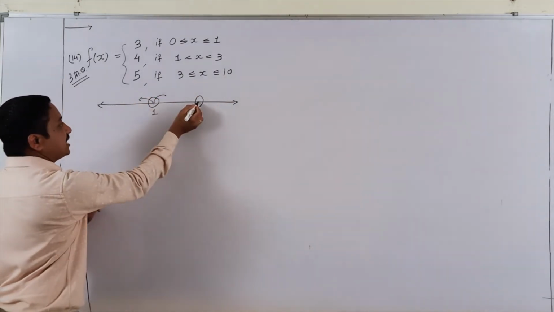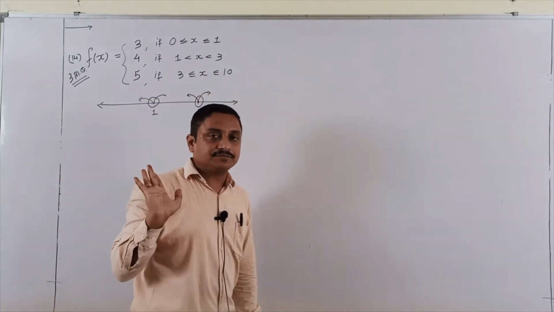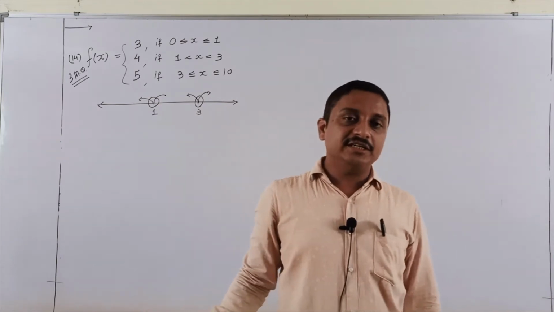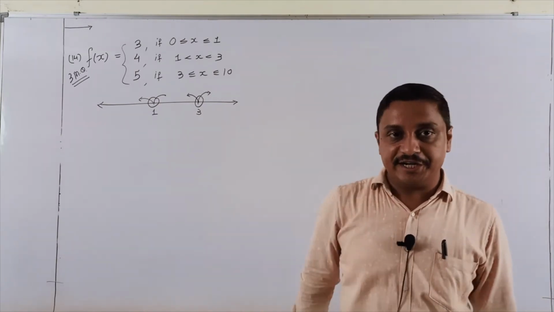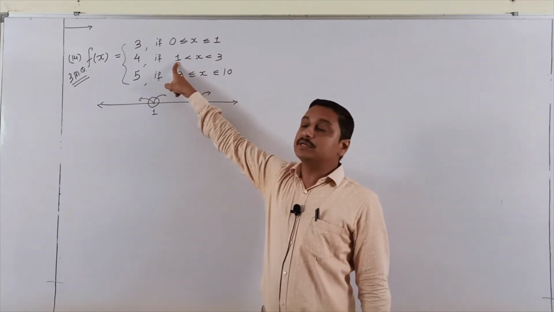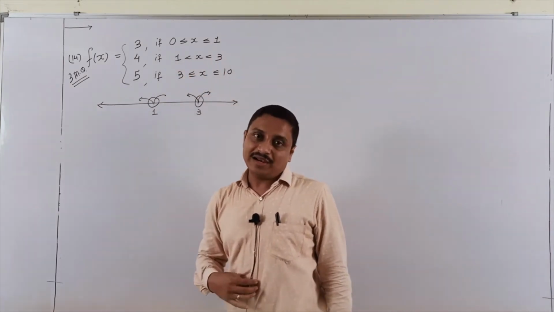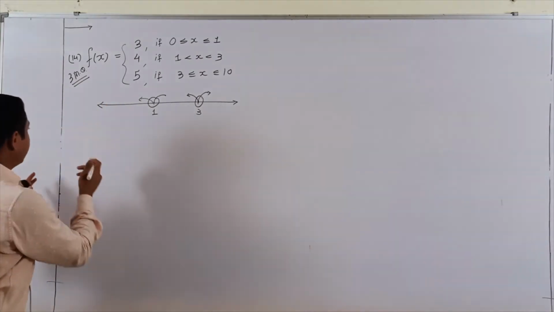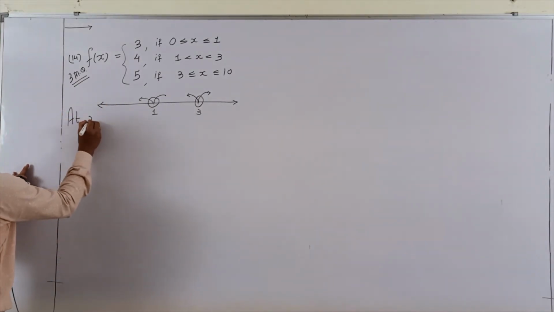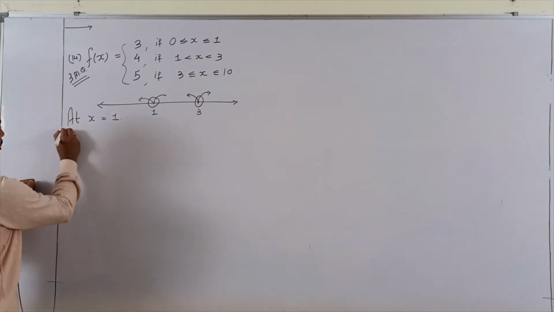And here I am going to do the left hand side limit and right hand side limit, same as the left and right side limit. Students, this drawing is not necessary, only for understanding. So first I check the repeated data for 1 and then for 3. So now let's start. First of all, at x is equal to 1, I check.